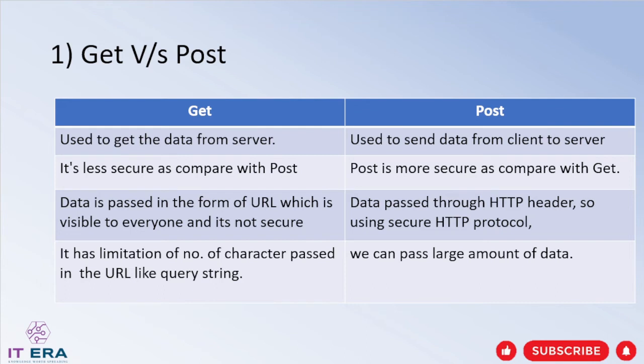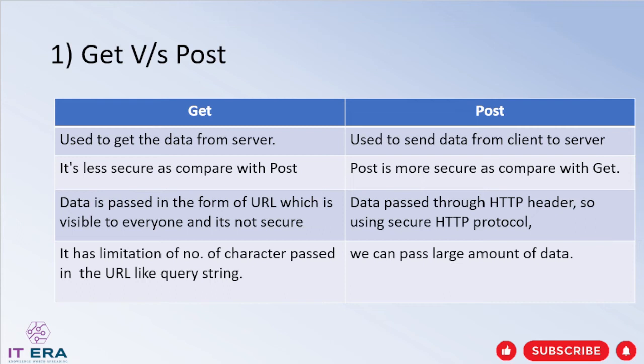Well, both are HTTP type request methods which are designed to enable communication between client and server. While talking about the differences, the get method is used to get data from the server while the post method is used to send data from client to server. Get method is less secure as compared to post because data is passed in the form of a URL, which is visible to everyone.